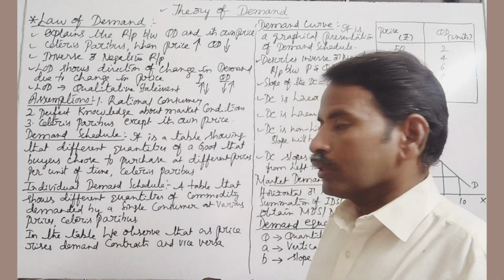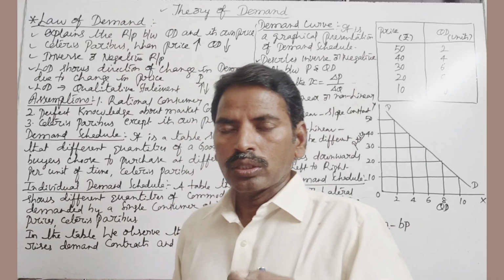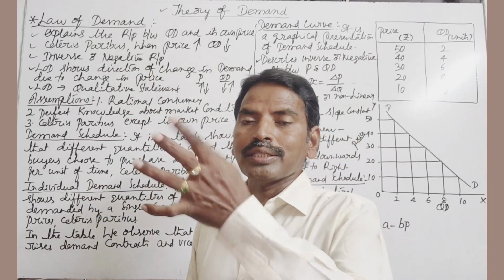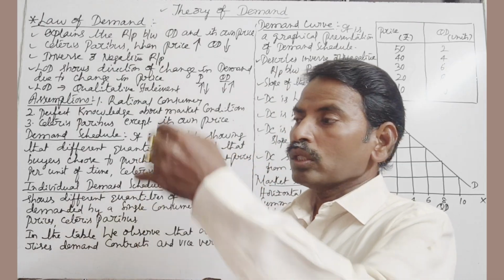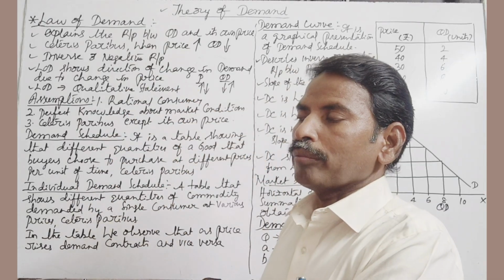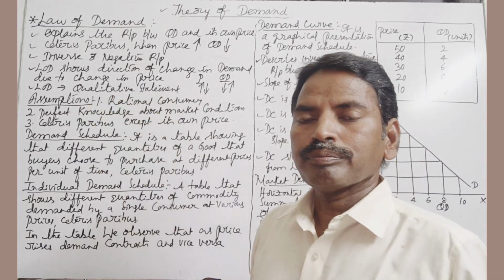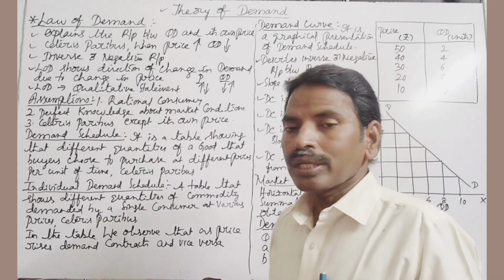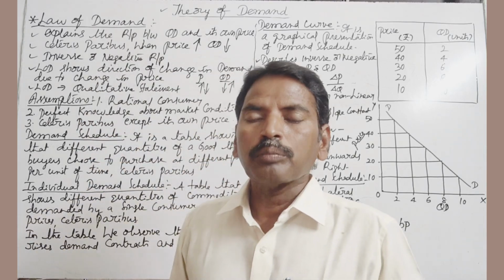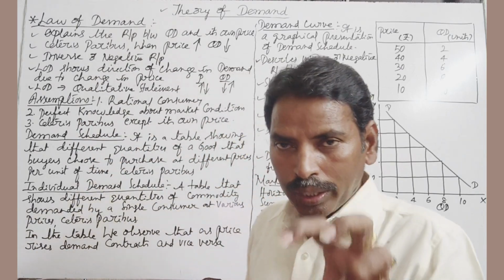Ceteris paribus, when price increases, quantity demand contracts. When price falls, quantity demand expands. So there is an inverse or negative relationship between price and quantity demanded.